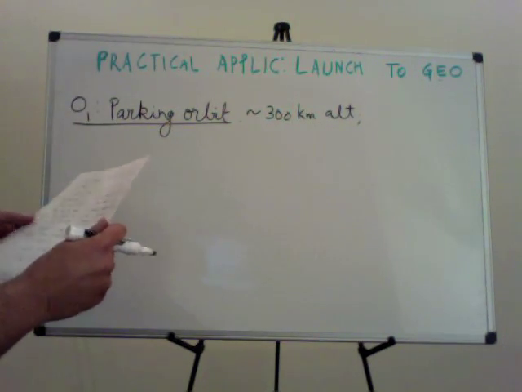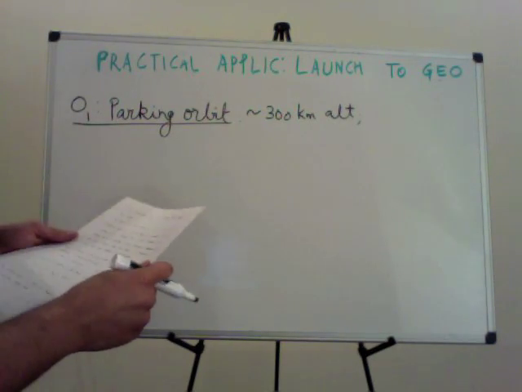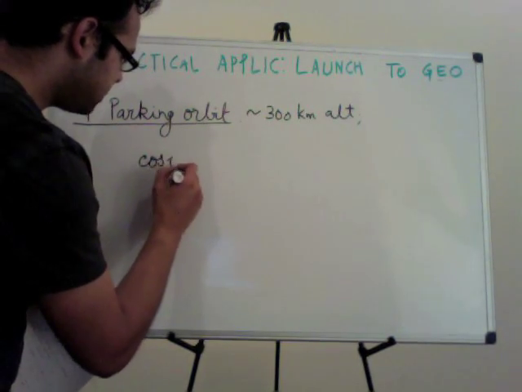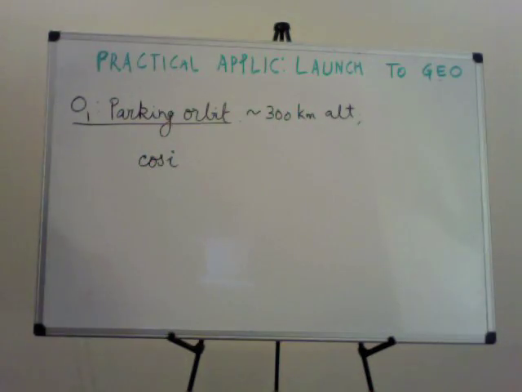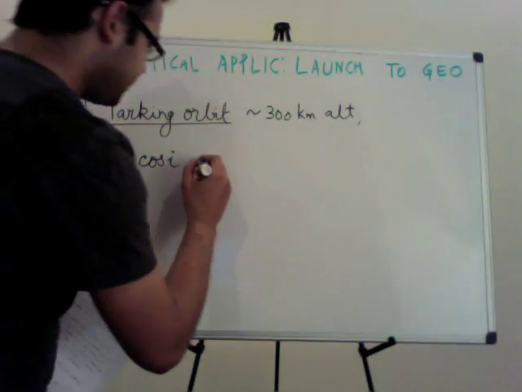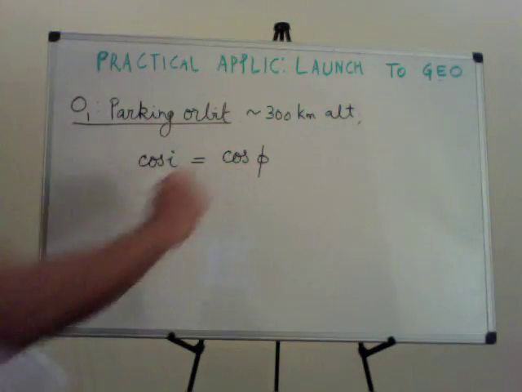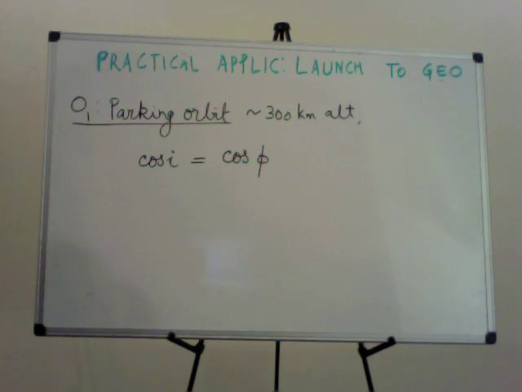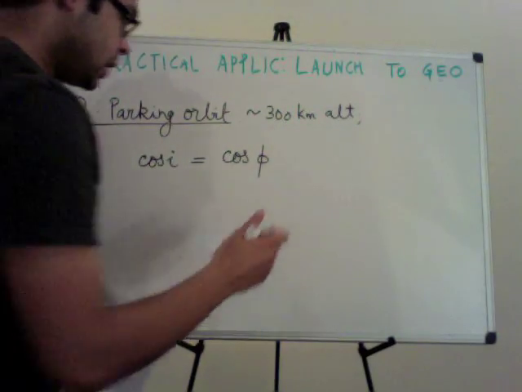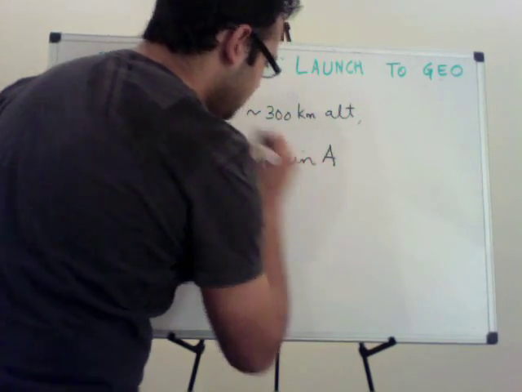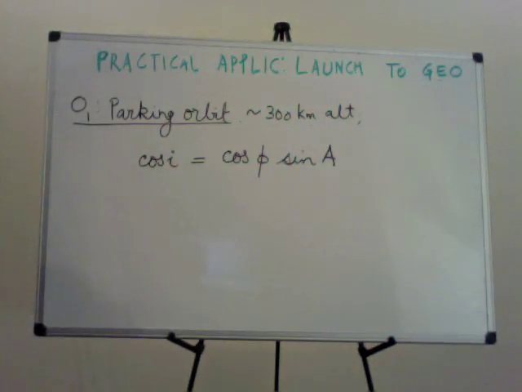Now, it turns out that the inclination of the parking orbit, I, depends on two things. The first is phi, where phi is the latitude of the launch site, and it also depends on another angle, A, which is the so-called azimuth angle.